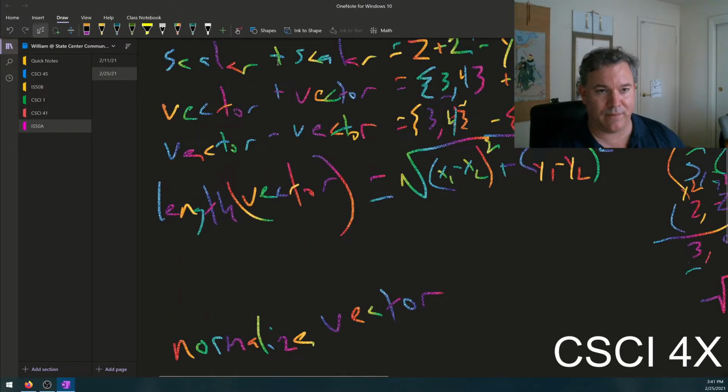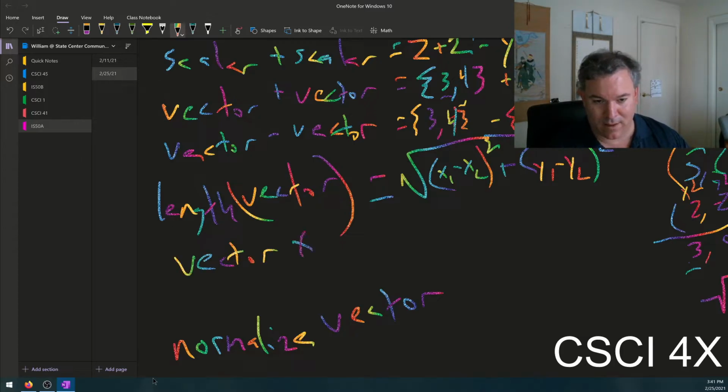So far, we know how to add two vectors. We know how to subtract two vectors. We know how to add two scalars. Now we're going to learn vector times scalar.